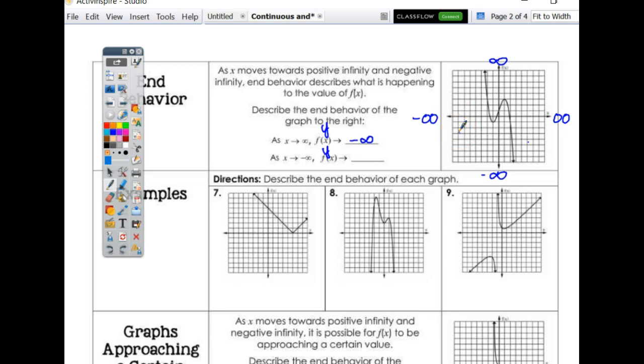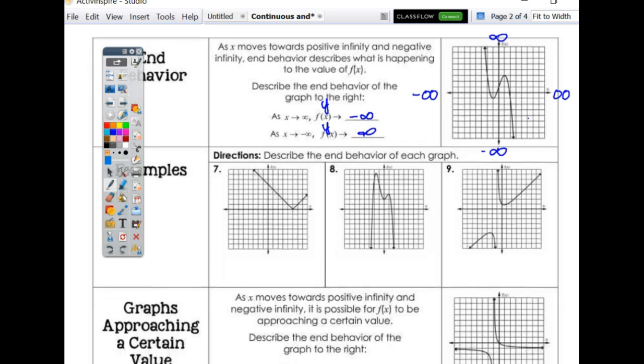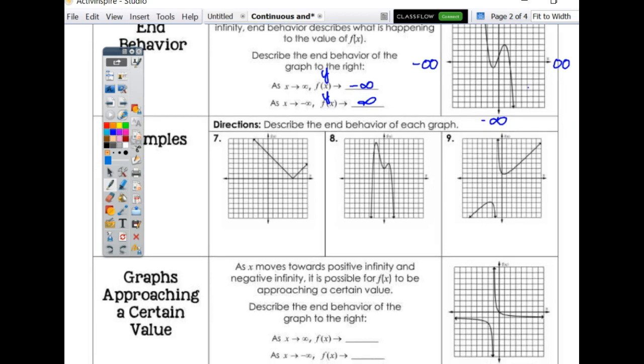It's going to positive infinity. The hardest part is you have to write that out every time: as x goes to infinity, f of x goes to; as x goes to negative infinity, f of x goes to. You just write it all the way across, because you have to do it every time.